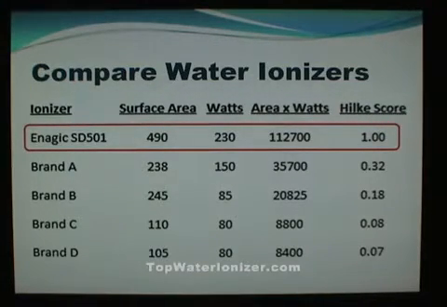Brand C is 0.08, which is 8%, and brand D is 0.07 or 7%. So when we start to look at the numbers, it gets clear very quickly that nothing compares with the Enagic SD501. And I have purposely selected the competition brands that are the closest to the Enagic SD501.